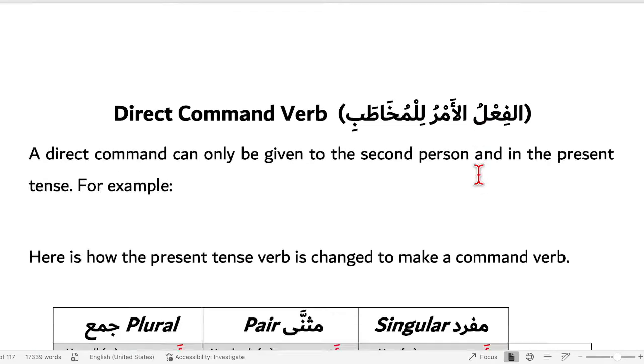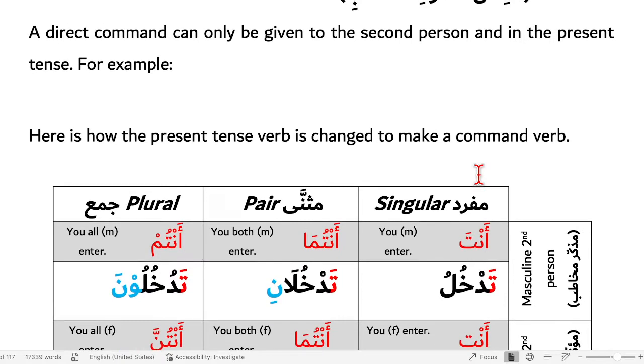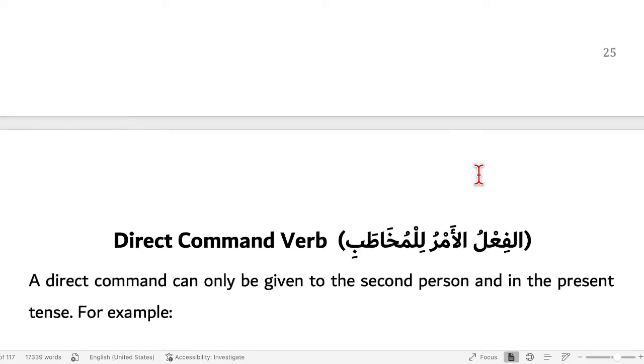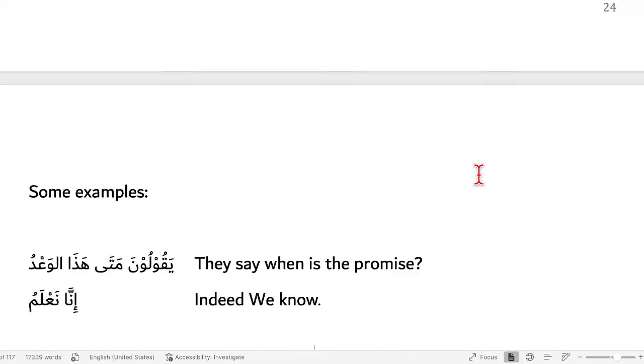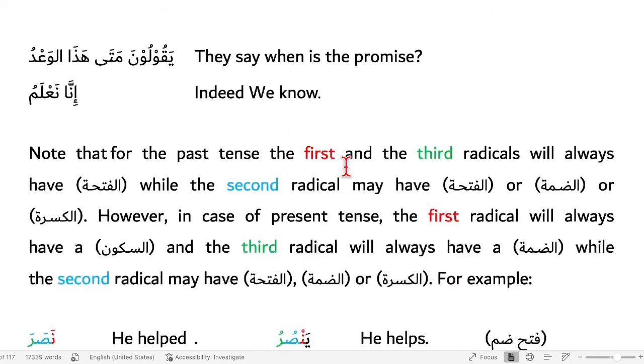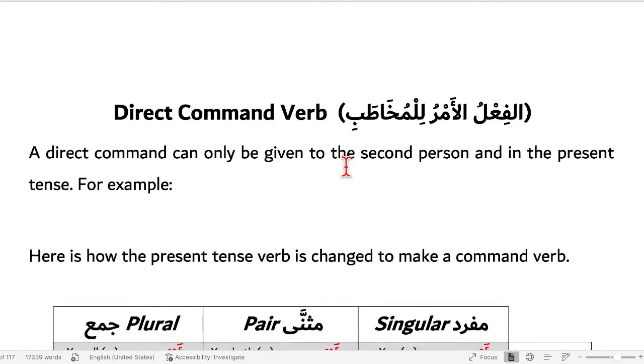For example, I just did the table for the conjugation of yadkhulu. Tadkhulu, tadkhulani, tadkhuluna, tadkhulina, tadkhulani, tadkhulna. As I said, the command verb will come from this section here, so I am taking this over here.